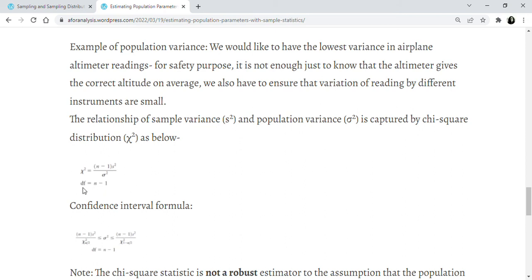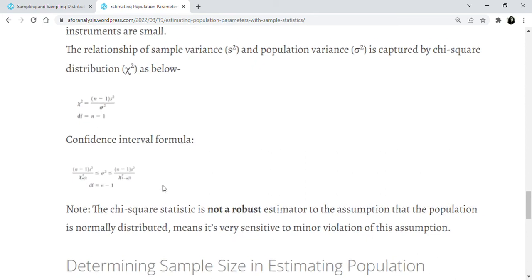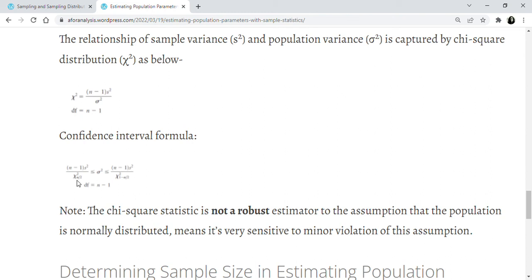We also need the degrees of freedom, which is n minus 1, or sample size minus 1. Similarly, we can have the confidence interval formula as well. As you can see here, for the lower limit we have chi-square alpha by 2, and for the upper limit we have chi-square 1 minus alpha by 2.